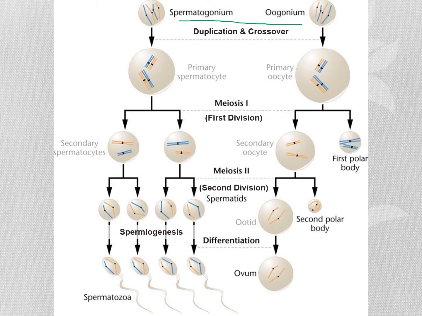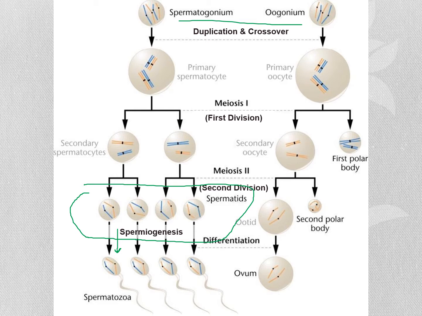At the end of those two divisions, in spermatogenesis, we end up with these spermatids that are then going to undergo spermiogenesis, where they slim down, get rid of all of their organelles, grow a tail, that acrosomal cap, and get all ready to swim to the egg.